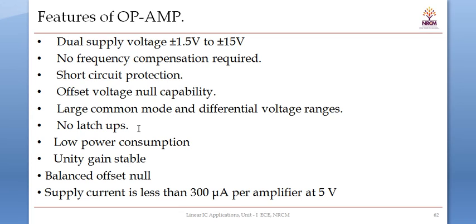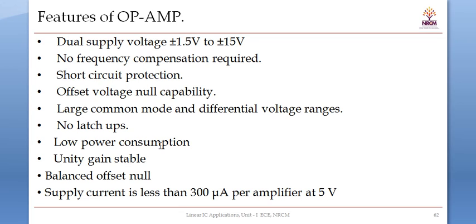No latch-ups. Latch-up is again a type of short circuit. Generally, a low impedance path is provided between the supply pin and ground. So there is no latch-up, and short circuit protection is given to the op-amp.